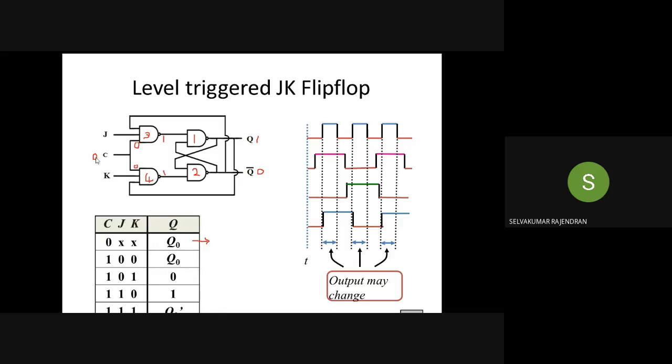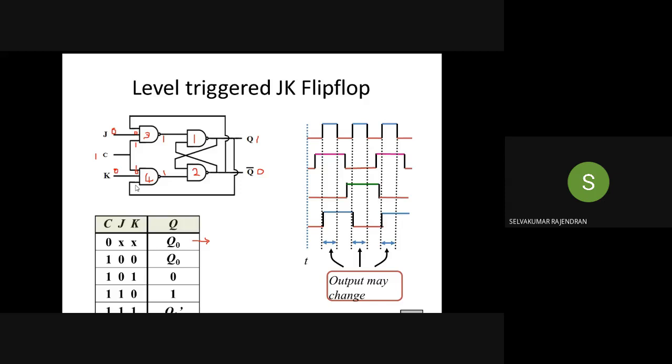Similarly, if the clock or control signal is enabled, here 1, and along with this control signal I am applying 0 on both the inputs J and K, then because of 0 on the input lines for NAND gates 3 and 4, here 0, here also 0, these NAND gates produce logic 1, irrespective of the third input of NAND gates 3 and 4.